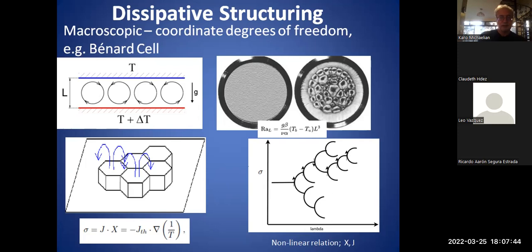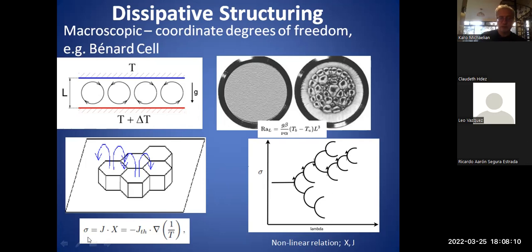questions you want. Okay, so for this system then, we go from conduction to convection plus conduction. And in this regime, we're in the nonlinear regime, nonlinear between the flows and the forces. So here the flow is the flow of heat, and the force is the gradient of the temperature. So we can write the entropy production per unit volume. It's just flow times the force.